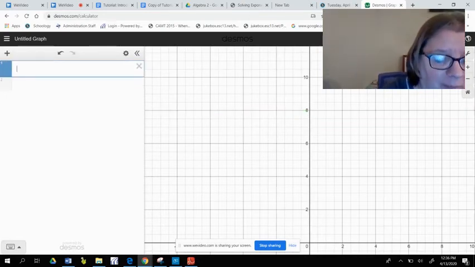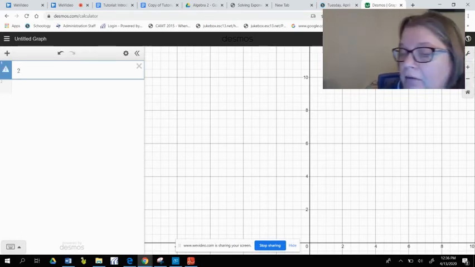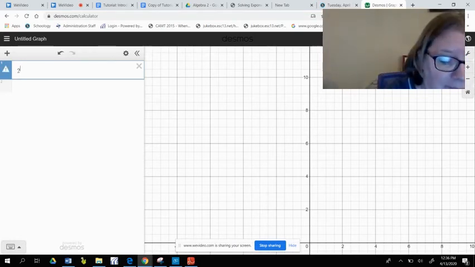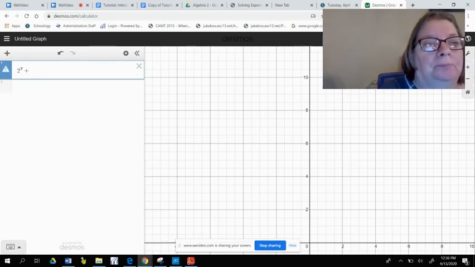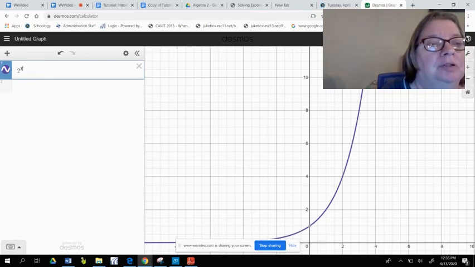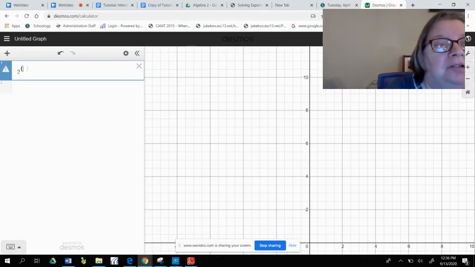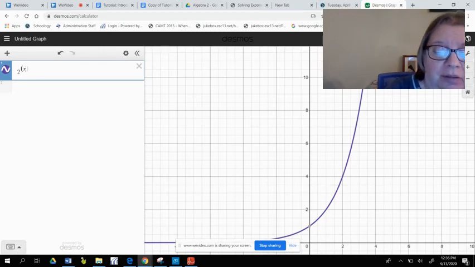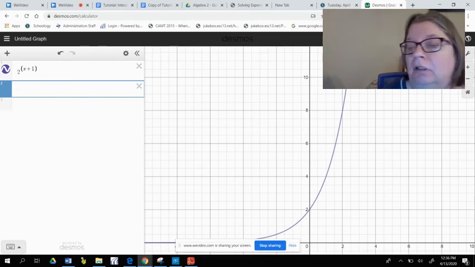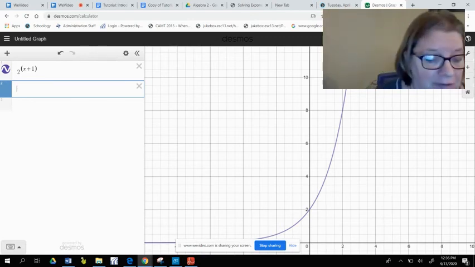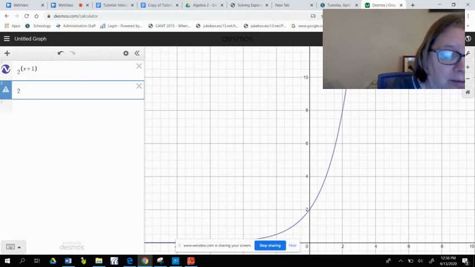Okay. 2 to the power of 2x plus 1. I'm on number 7 on your paper. You remember when Mr. Riddell told you a while ago that you have to use parentheses? And then I didn't. You see what happened? It takes it out of the exponent. And then the other one is 2 to the power of 2x plus 3. All right, class, what do we need to do?